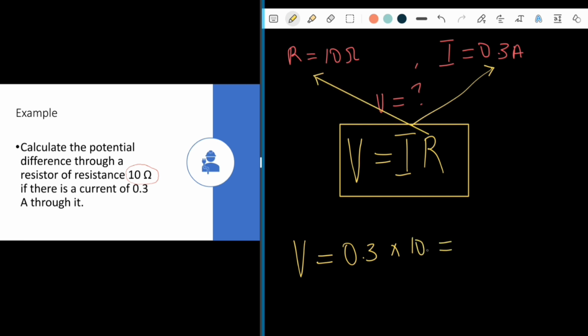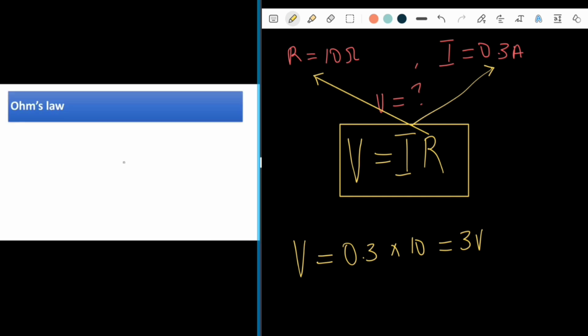So this will be 30, then this will be 3 volts. It's the same thing that we've done earlier, just that the values are slotted in. So you can do well to pause the video at this moment to try it out and then see if our answers will match.